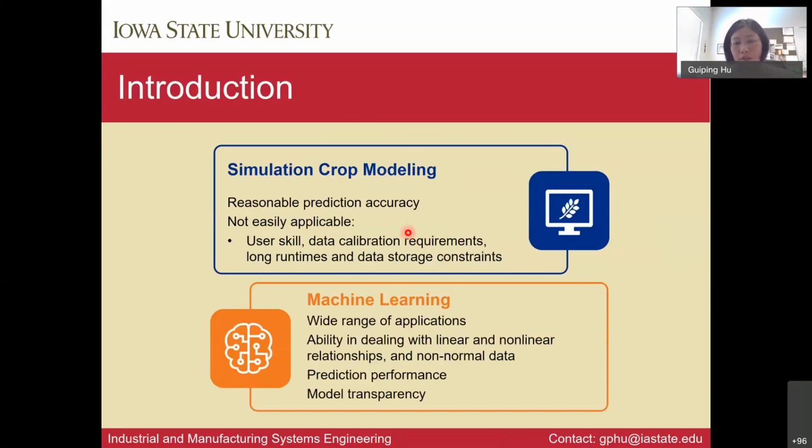In terms of machine learning, some of the pros include, well, there is a lot of improvement in the community of computer science as well as data science. And we can deal with linear, nonlinear data and also non-normal data. The prediction performance tends to be high if you have enough data. Okay, now some of the problems include if you don't have enough data, then the prediction accuracy may not be very high.